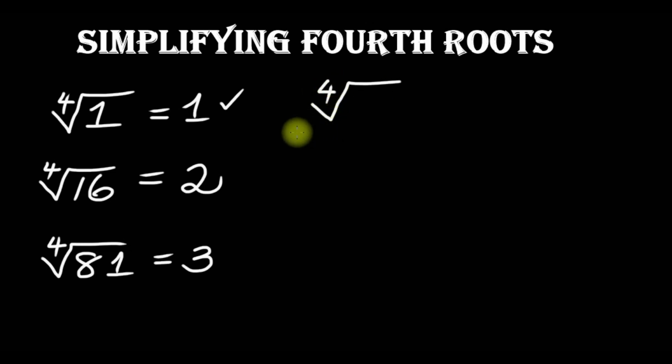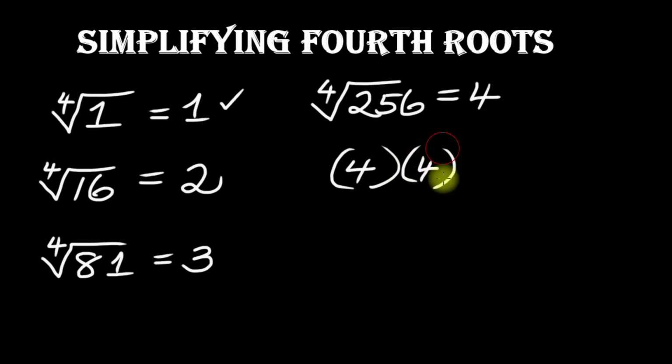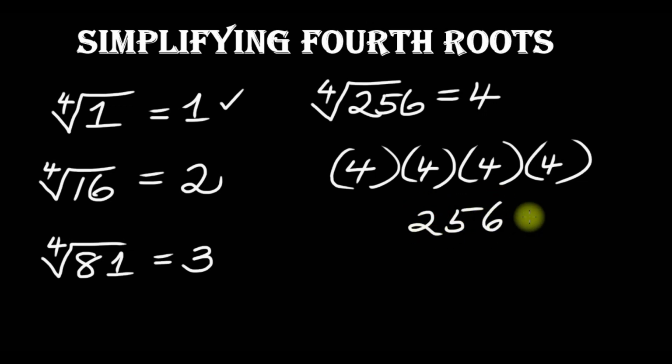The fourth root of 256. Well, that's going to be 4, because 4 times 4 times 4 times 4, 4 times, is 256. You need to know these numbers, 16, 81, 256.